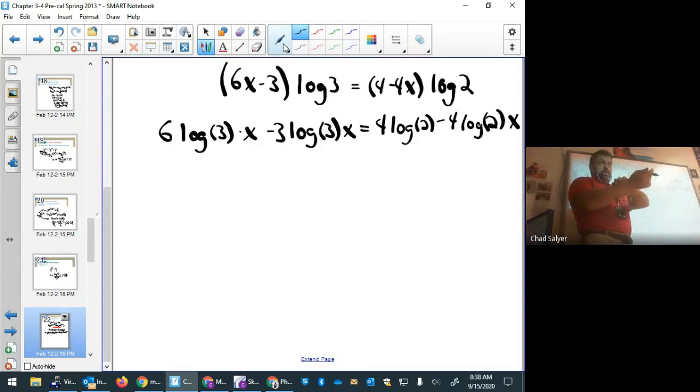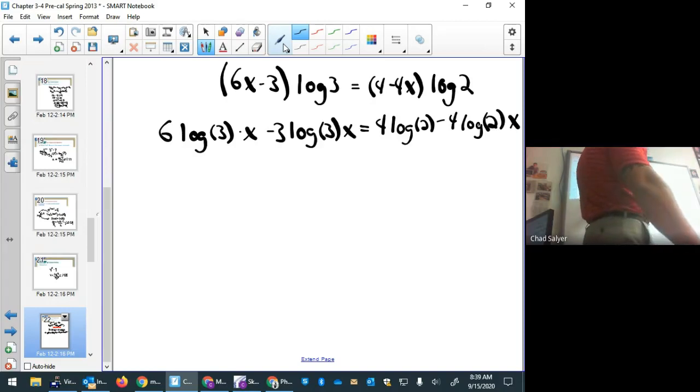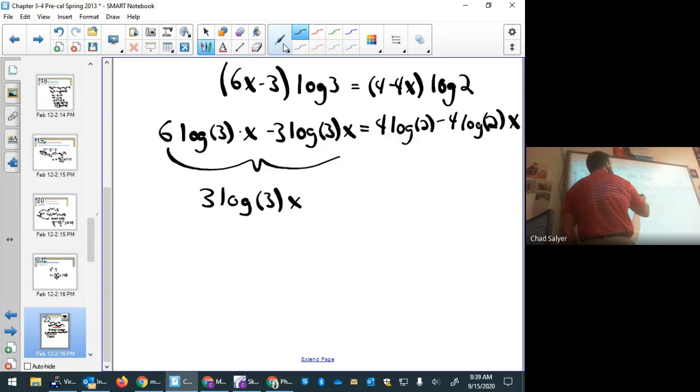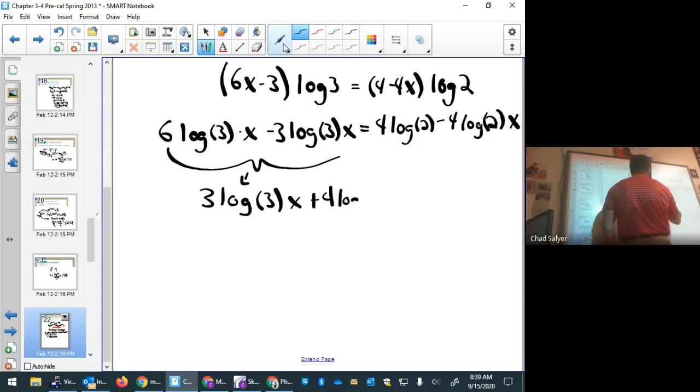Now, in order to solve this, I need to get everything with an x on one side and everything without an x on the other side. Here I've got 2 terms that I can simplify. This is 6 times log 3 minus 3 times log 3, so the result of combining these 2 like terms is going to be positive 3 log 3 times x. And then I'm going to add this to each side.